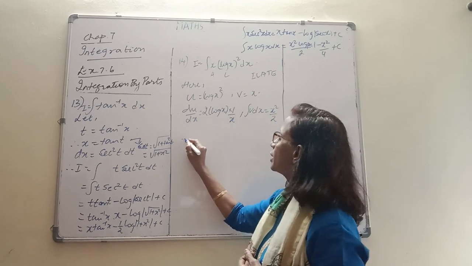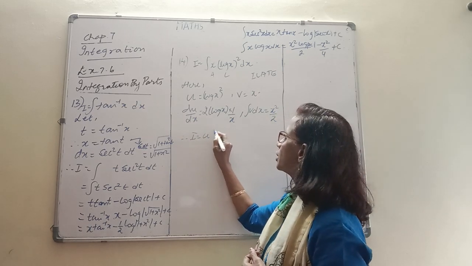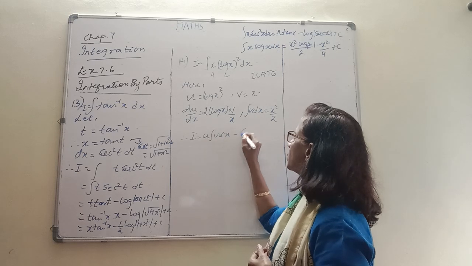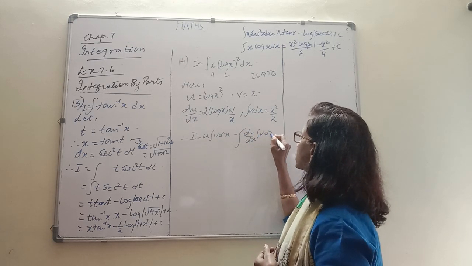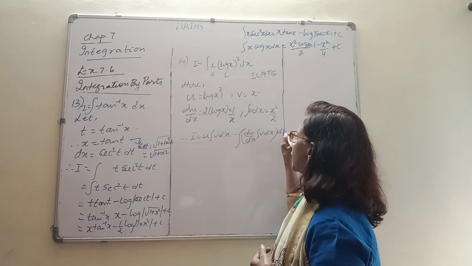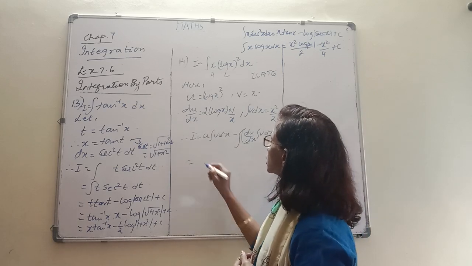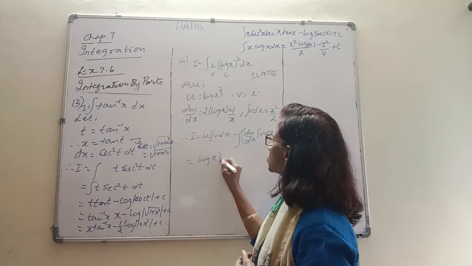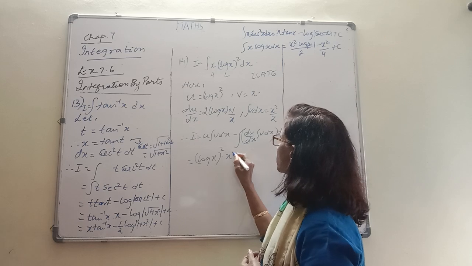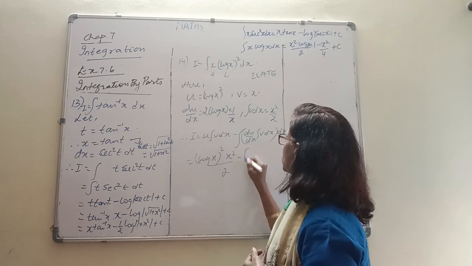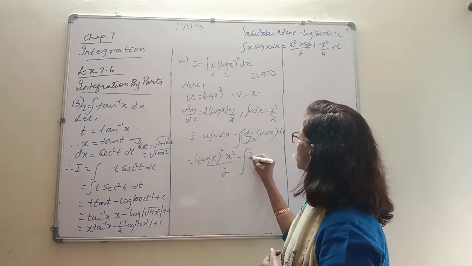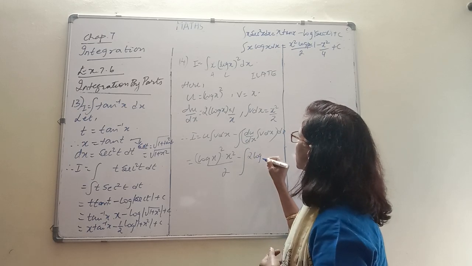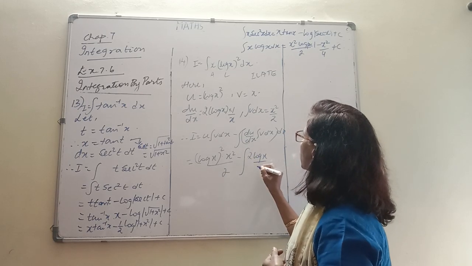Now let's write the integral by the formula: u integral v dx minus integral of du over dx times integral v dx, the whole dx. So u for us is log x the whole square, integral v dx we have got as x squared over 2, and du over dx is 2 log x over x.